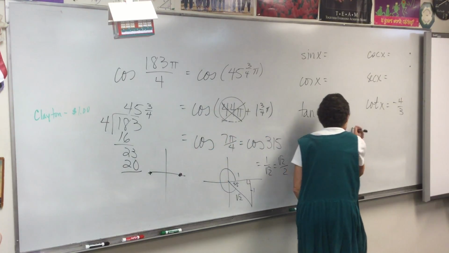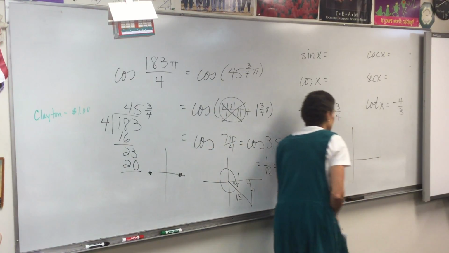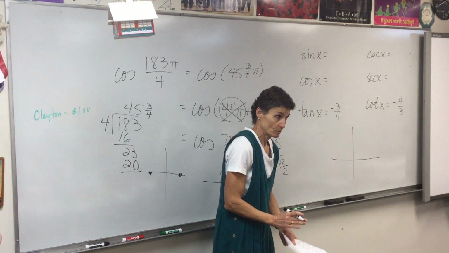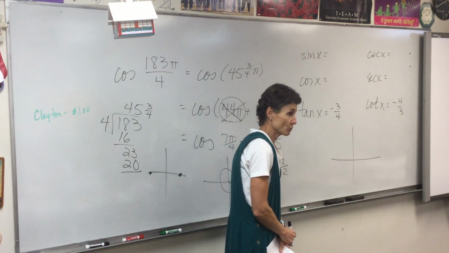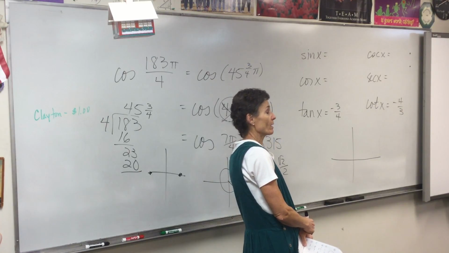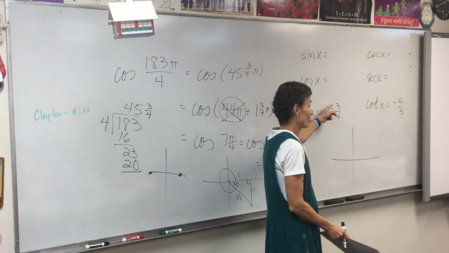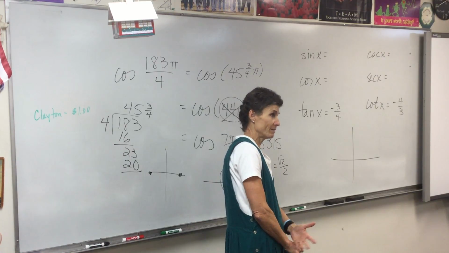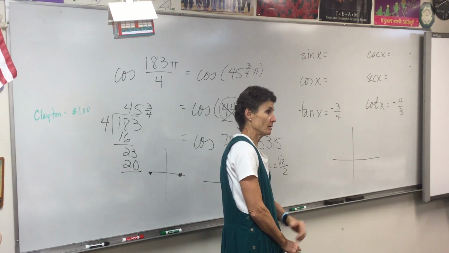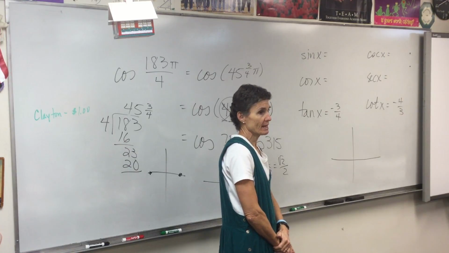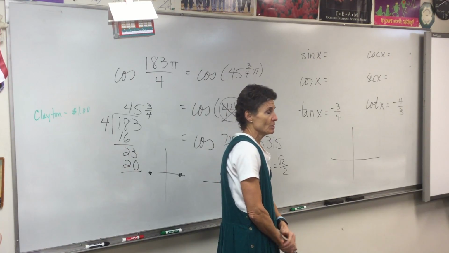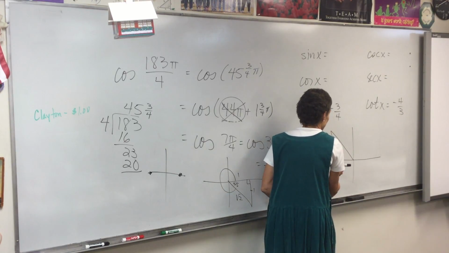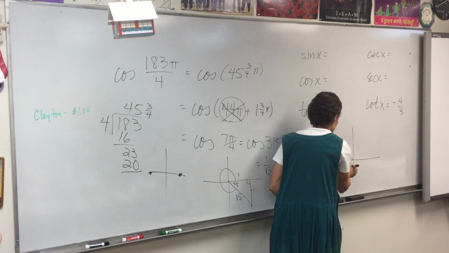Now, here's the dilemma. You understand you're going to draw a triangle, right? And you're going to draw a triangle where opposite and adjacent are 3 and 4, and one of them's negative. That's the problem. Do I know which one's negative? No. So I could draw a triangle where this is 3 and this is -4.